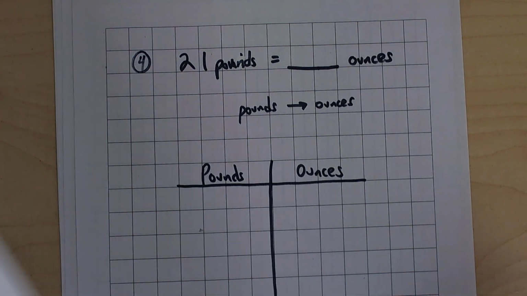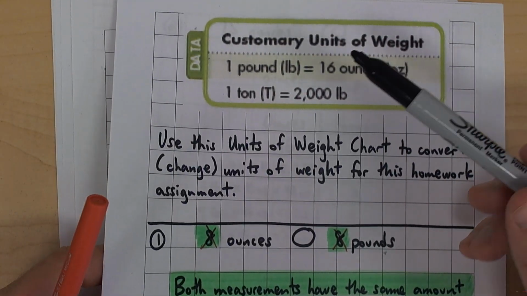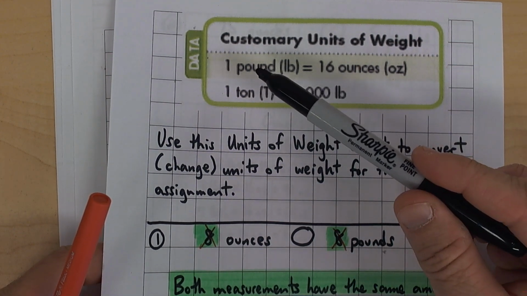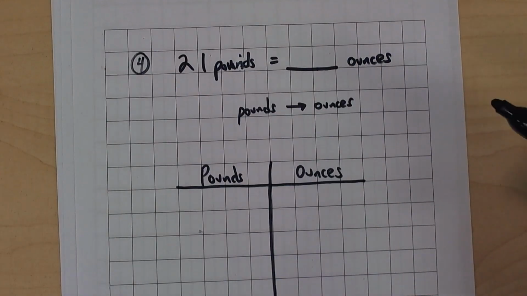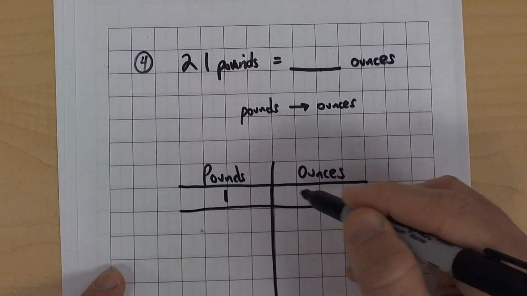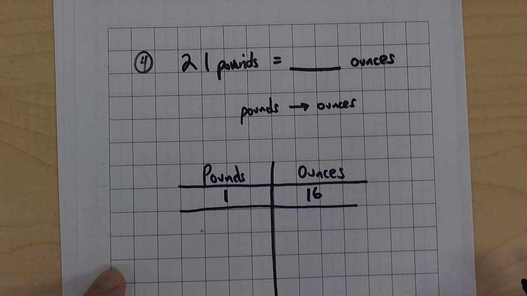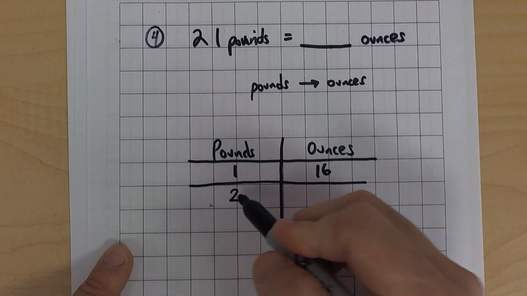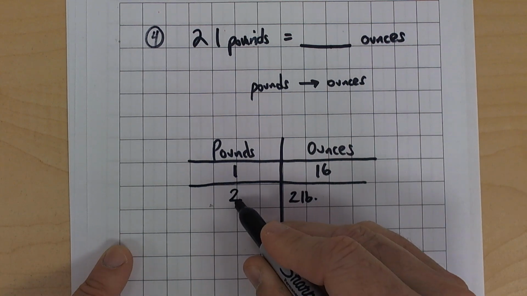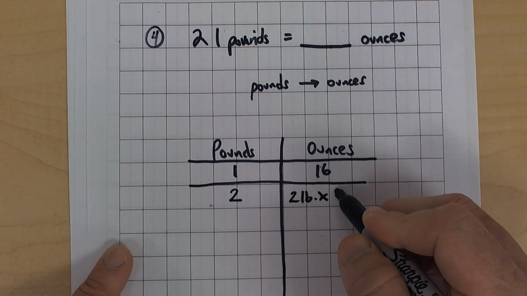Now my table's set up. I'm going to use my handy dandy cheat code. Pounds, ounces. 1 pound is equal to 16 ounces, just like we saw in our previous problem. 1 pound is 16 ounces. So that means 2 pounds would be like saying 2 pounds times 16 ounces.